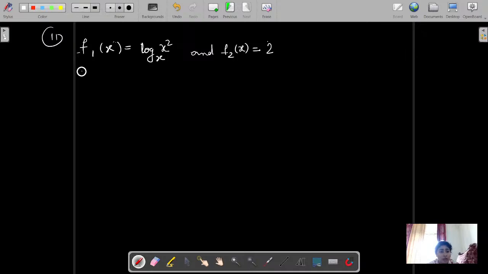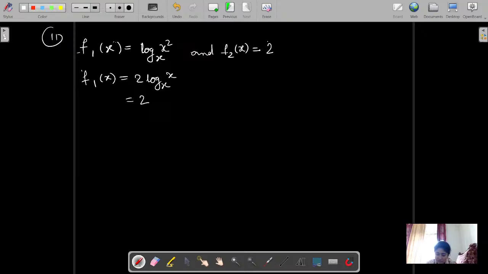So here I can also write, f1(x) equals, this 2 will come here. Now it is log x base x, which is equals to 1. So I will get simply 2 here. But here f2 is also 2. But the thing is f2(x) is only a constant number, right?